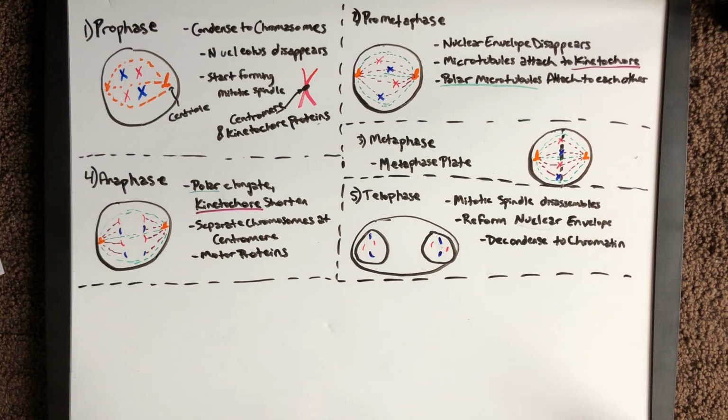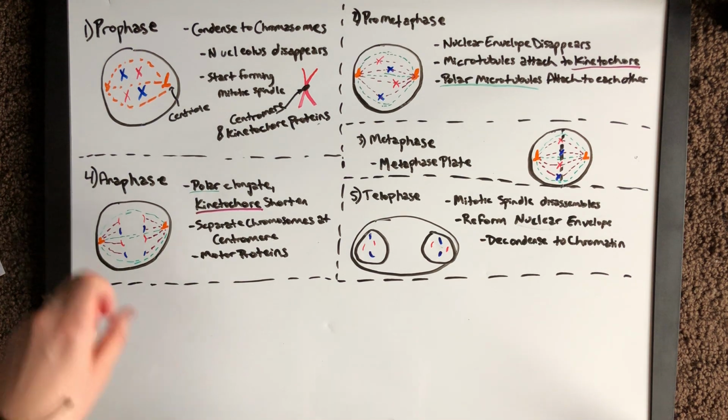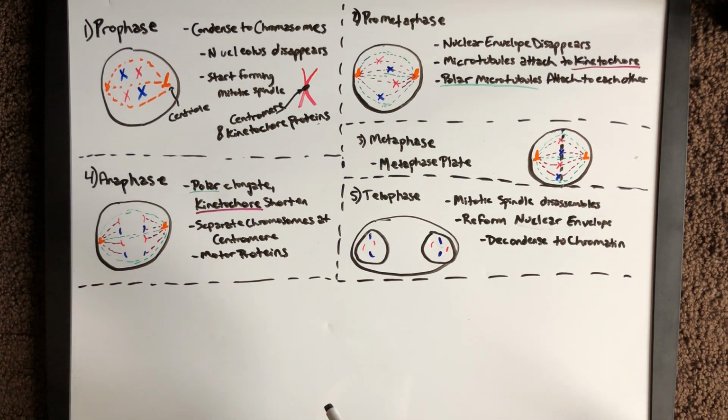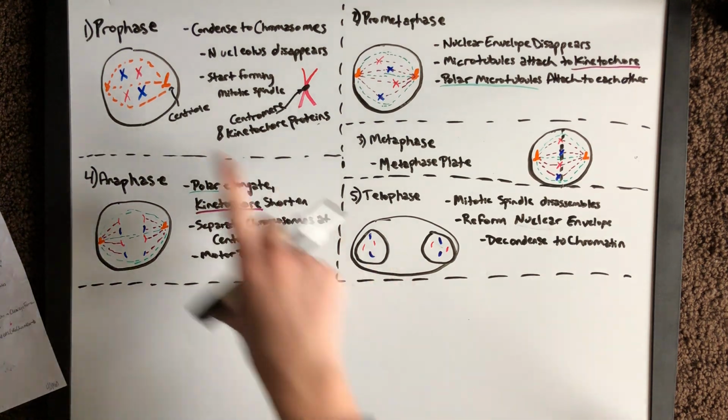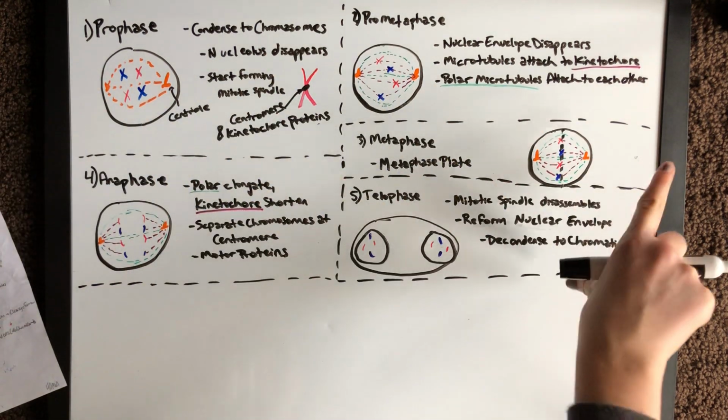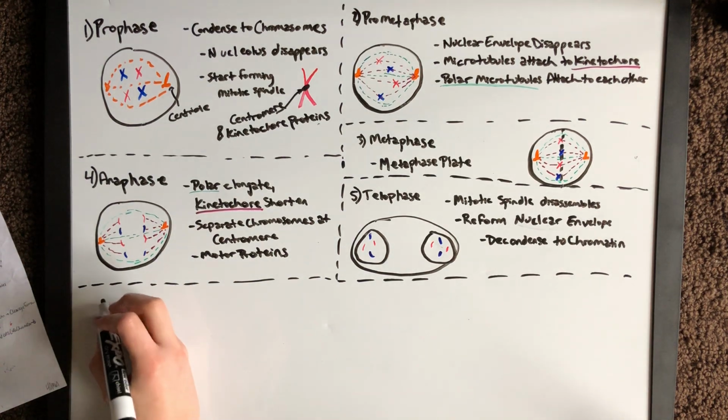Okay. And then, so all of these, 1 through 5 is mitosis, and then cytokinesis is its own guy.